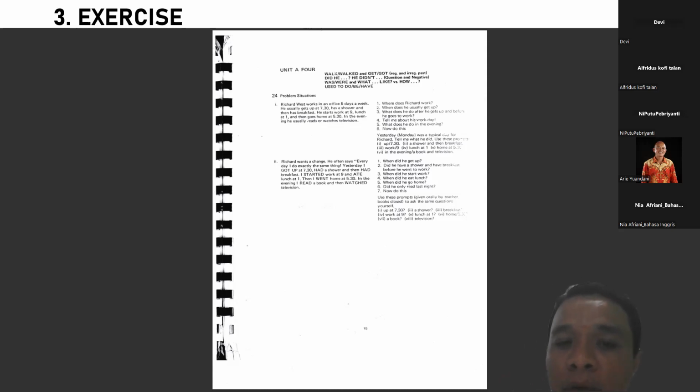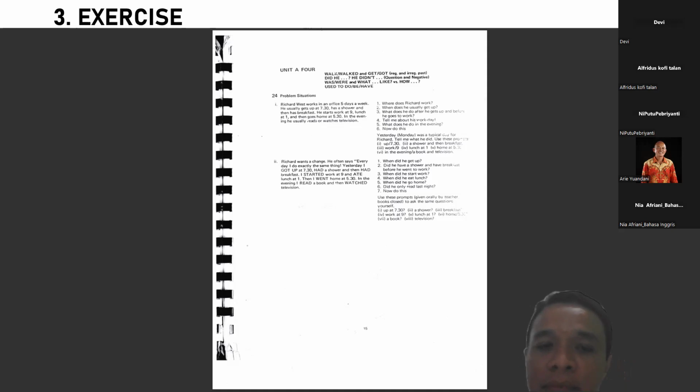And now do this. Yesterday, Monday, was a typical day for Richard. Tell me what he did. Use these prompts. So now please change the form by using simple past tense. Okay, I will choose Yuniari.